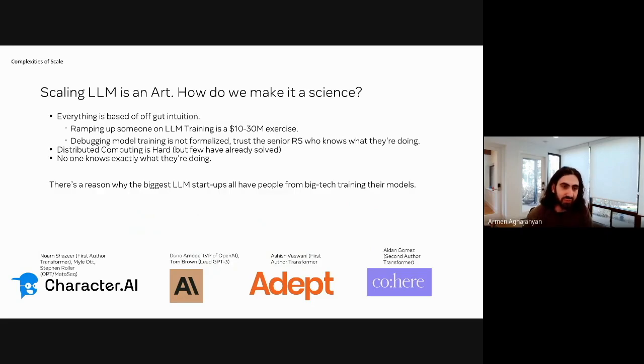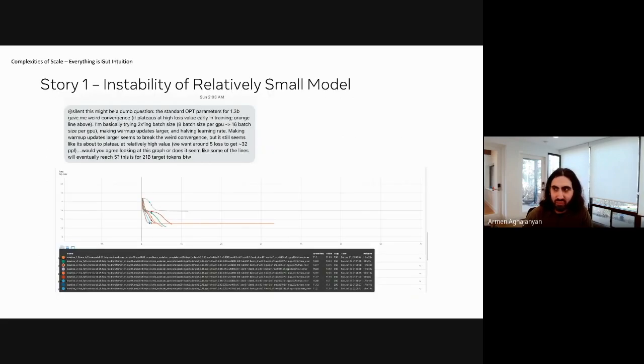So to reinforce my point, I want to tell two stories about large language model training. The first one is a very prototypical case where we ask one of our junior researchers to run a language model training, and you usually end up with these questions, right? This guy works really hard.